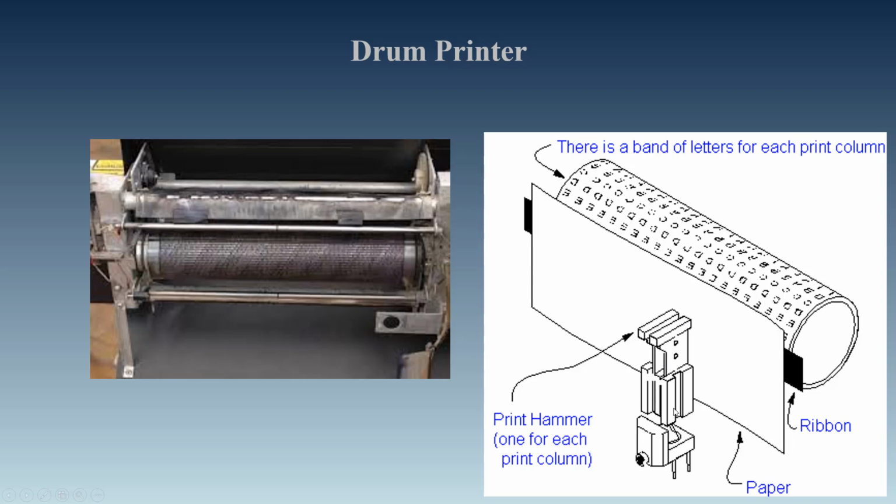This print head, or you can say hammer, strikes a particular alphabet or symbol on the drum, and it gets printed on the paper. This is what I understand is the working mechanism: a soaked ink ribbon, the print head, the paper, it gets struck and the alphabet gets printed on that paper.